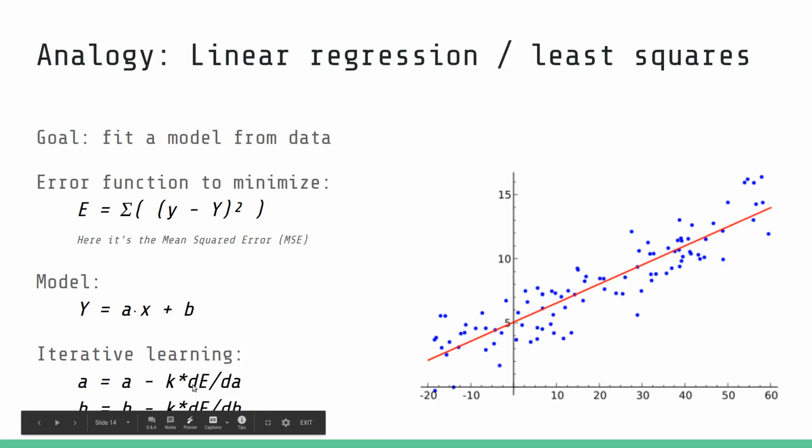So if we take the error and do the derivative with respect to a, so dE on dA, then this is the slope, the tangent of the error. And this means that if we increase A, then E will increase by that amount.